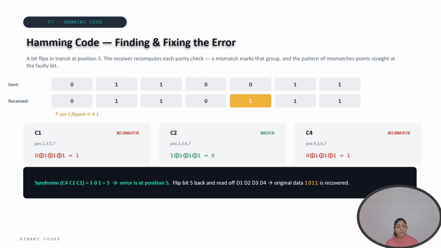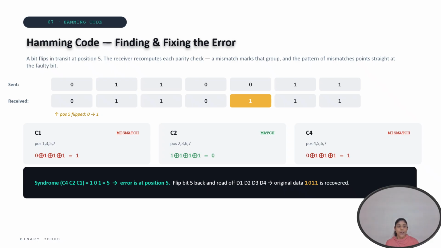Position means you have to check the values available there. What is the value in position 1? 0. Position 2? 1. Position 3? 1. What is your position 7? 1.